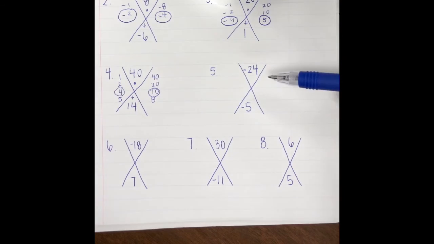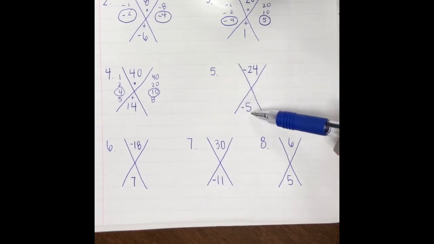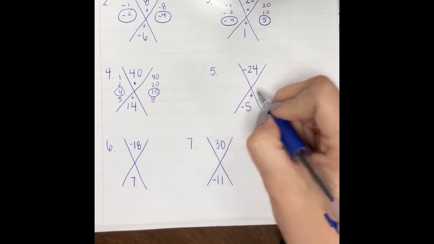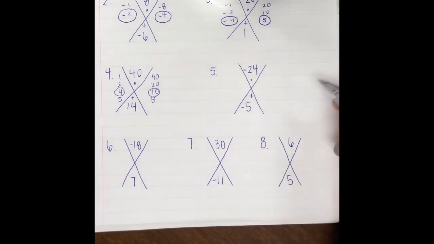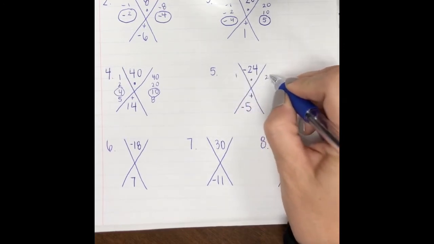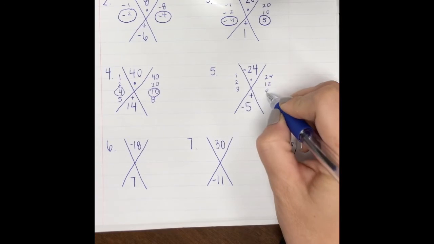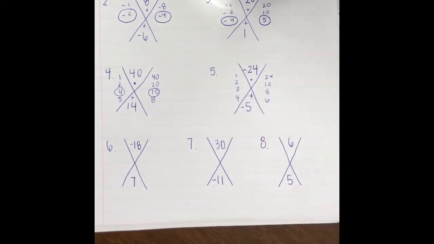Number 5, it's got to multiply to be a negative, right? Which means one of them would have to be negative. Since my answers, when they add together, stay negative, then my larger number is the one that's going to be negative, okay? So we have 1 times 24, 2 times 12, 3 times 8, and 4 times 6.